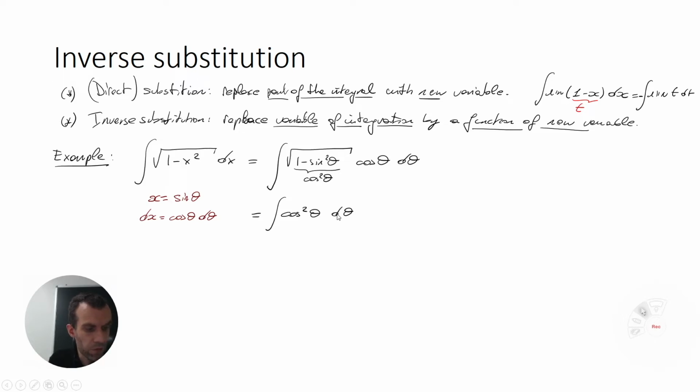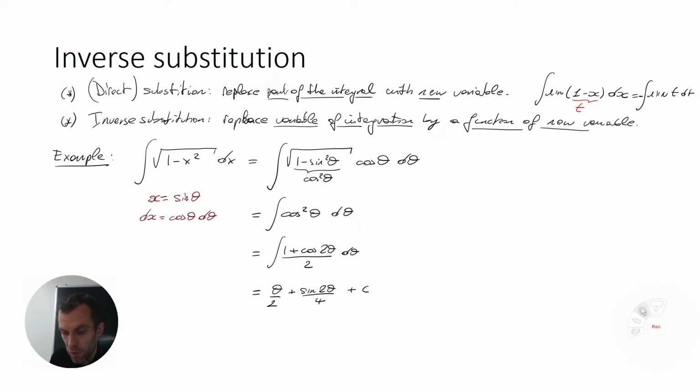Actually, we encountered this integral in one of the previous classes, so we would then write this as 1 plus cosine 2 theta over 2 d theta. And this integrates to theta over 2 plus sine 2 theta over 4 plus a constant. And now we have an answer in theta, so we have to replace that by an expression in x. For that, we go back to our original expression.